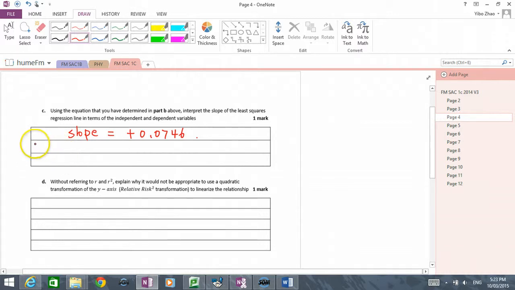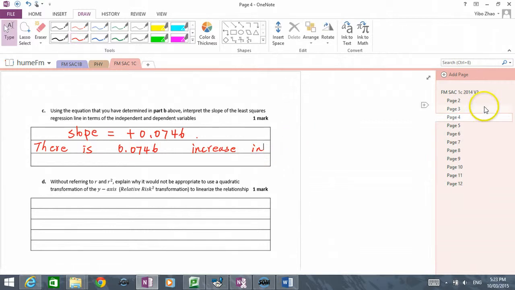I write down like this: there is 0.0746 increase in the y value.